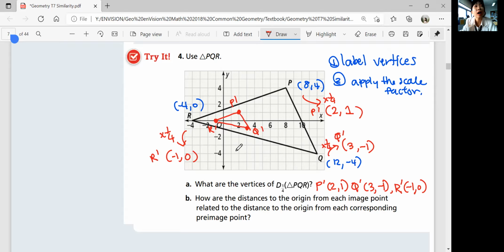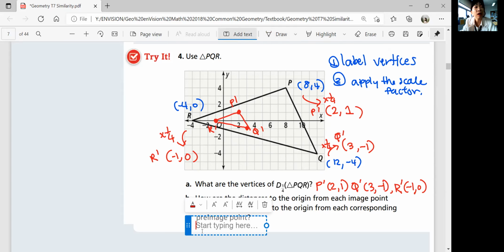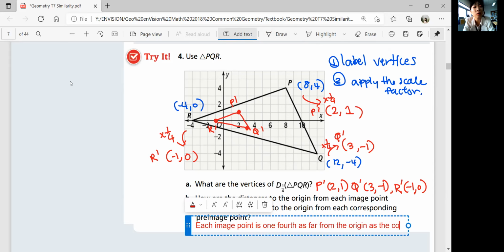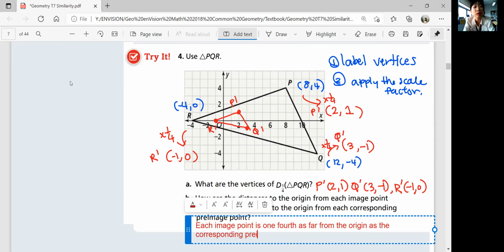So how are the distance to the origin from each image point related to distance to the origin from each corresponding pre-image point? How are they related? You have the scale factor. So can you describe using the scale factor? Each image point is 1/4 as far from the origin as the corresponding pre-image point.